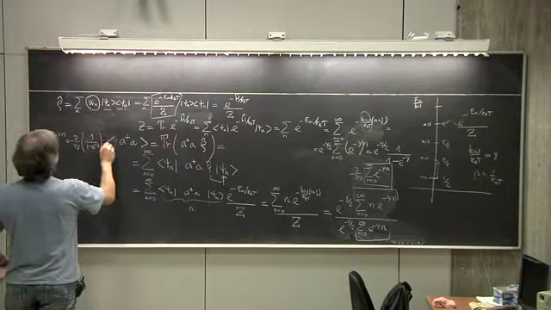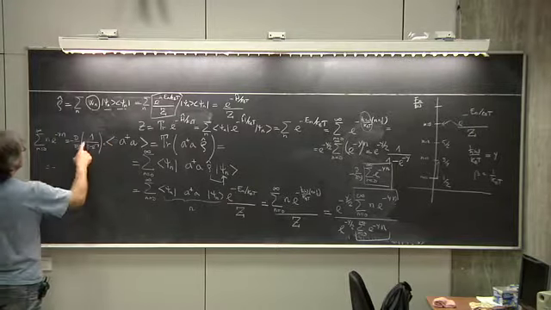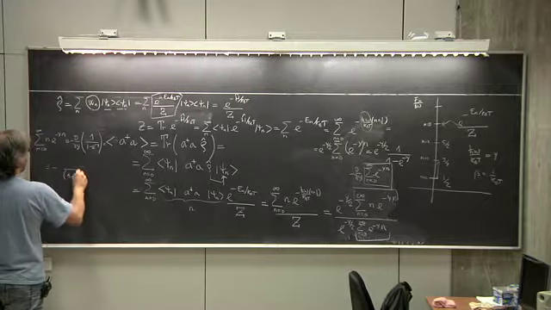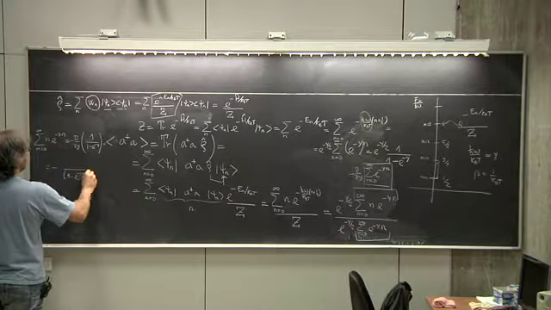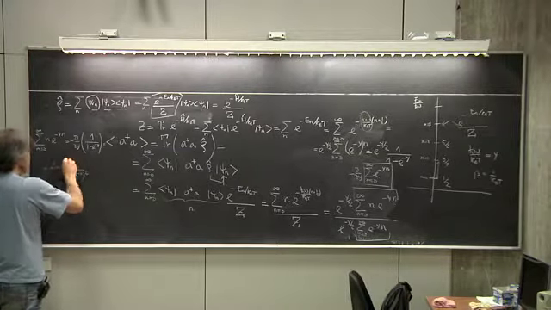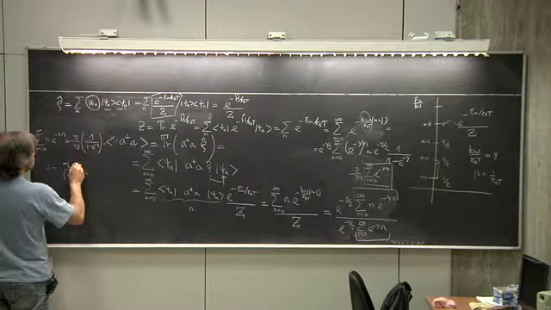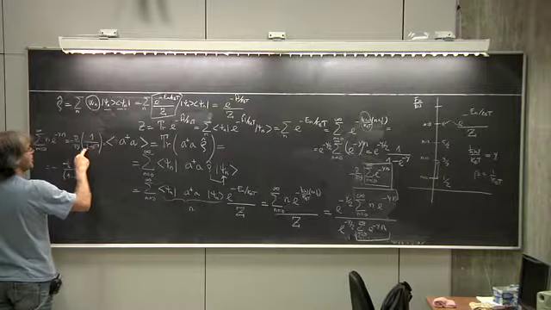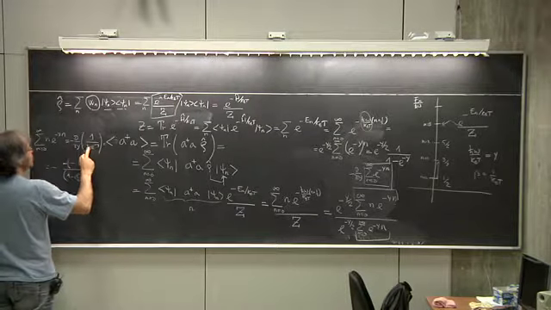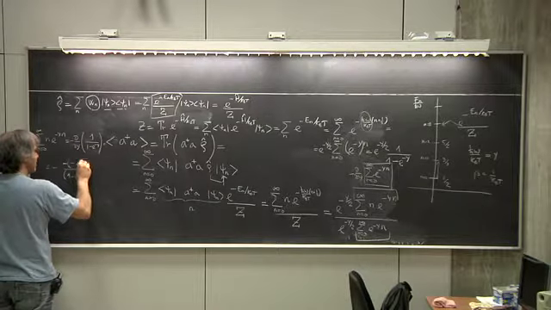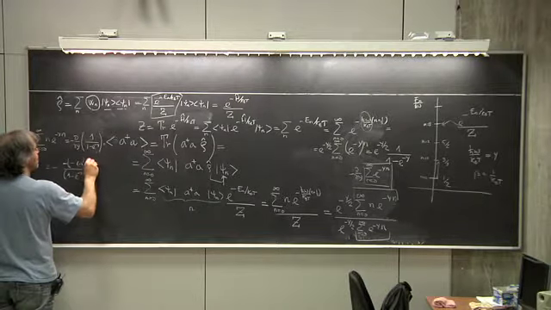So this object is equal to minus, let's see, the square of this. Then I have to put minus the derivative of the denominator, which is minus, the derivative of 1 is 0, minus the derivative of this, which is another minus, e to the minus y.